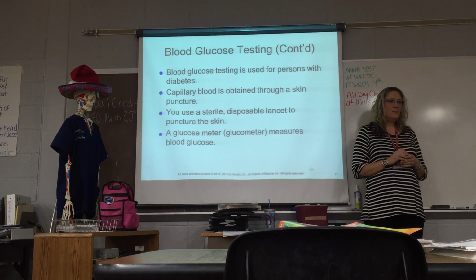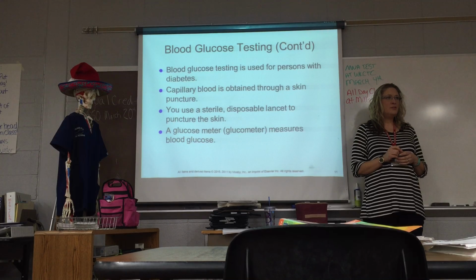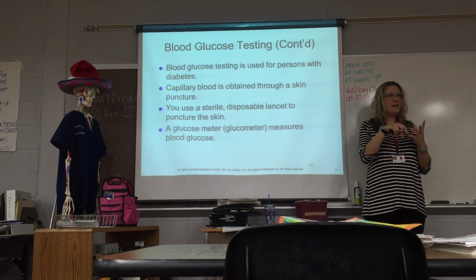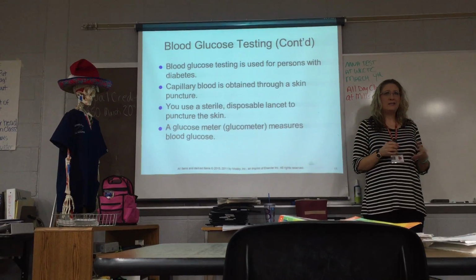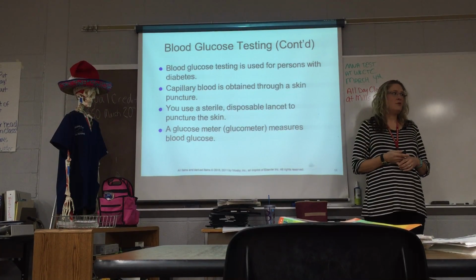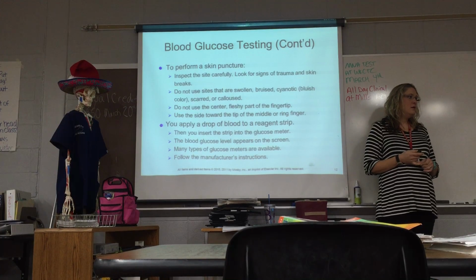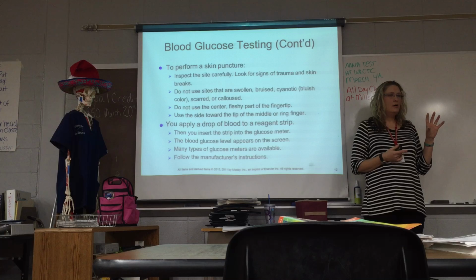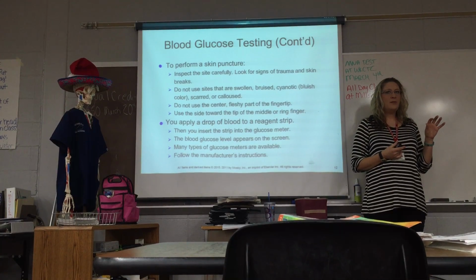The blood sample goes into the strip that's already in your little glucose monitor. You just touch it down, it sucks it up, and in 5 seconds you have a result. Super easy.